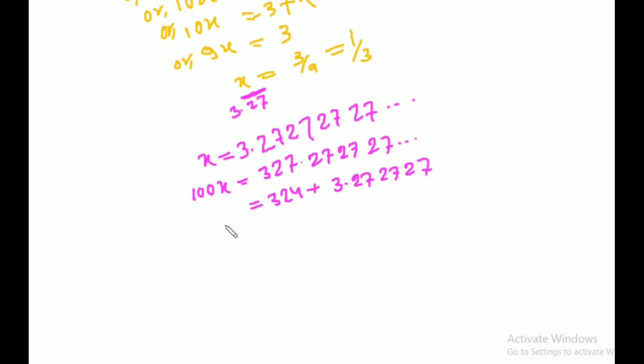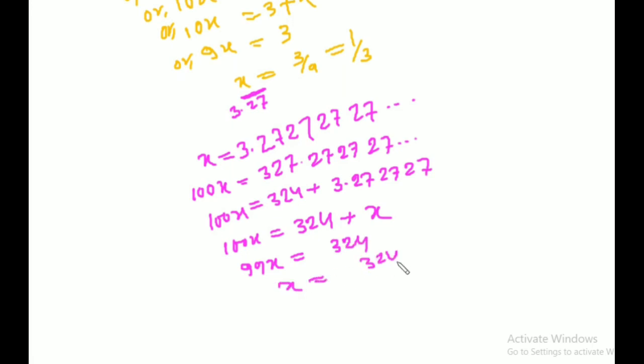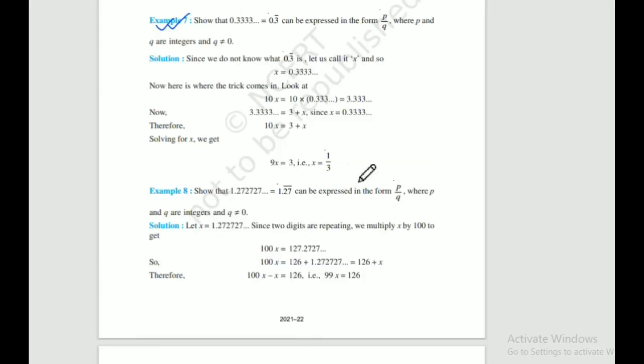So 100x equal to 324 plus x, because this is the same expression, so we can write 99x equal to 324. So x equal to 324 by 99. So example 8 is also done.